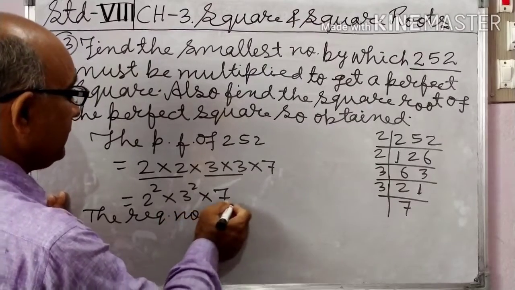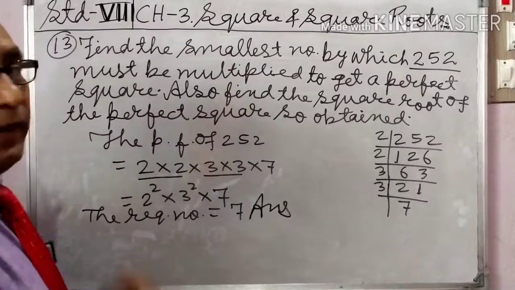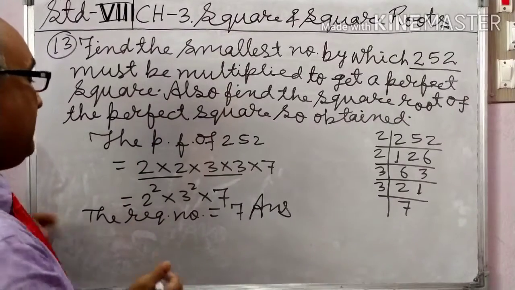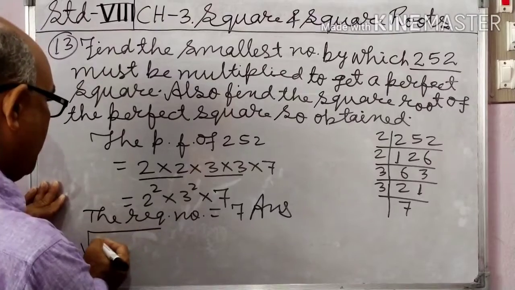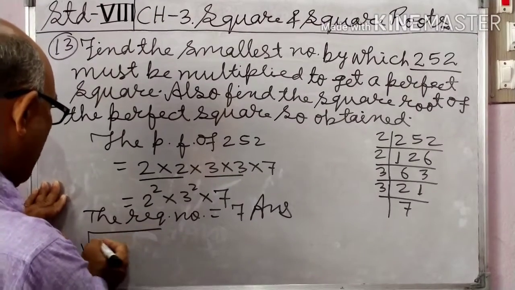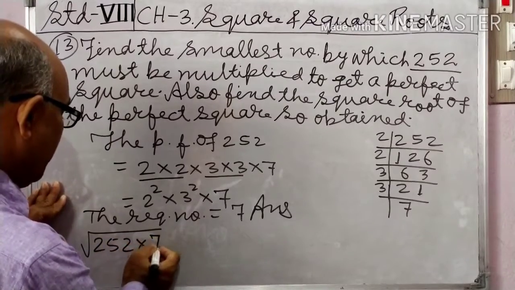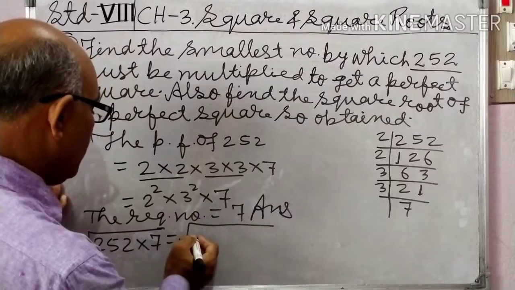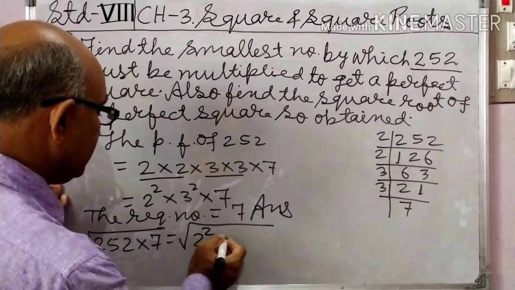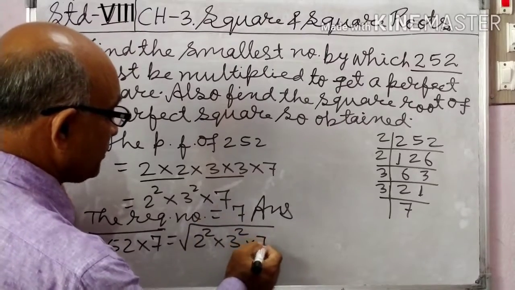The required number 7 is one answer. And the square root of the new square number: the square root of 252 multiplied by 7 equals 2 square, 3 square, 7 square, as 7 is now also in pair.